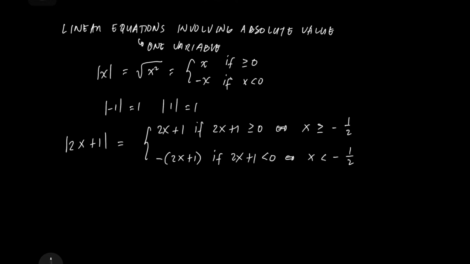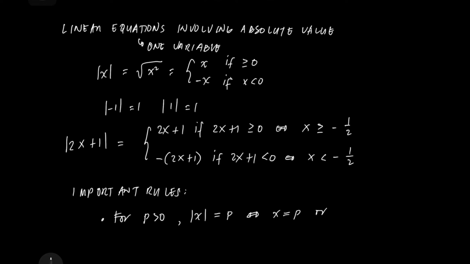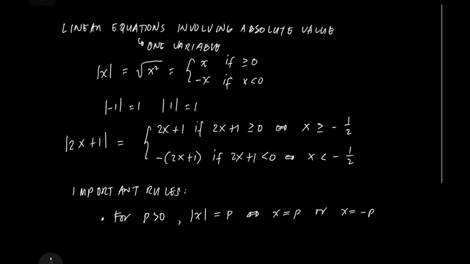Now, let's take some important rules in dealing with absolute value. This will be our guide in solving linear equations involving absolute value. One: for p greater than 0, the absolute value of x equals p is equivalent to x equals p or x equals negative p.